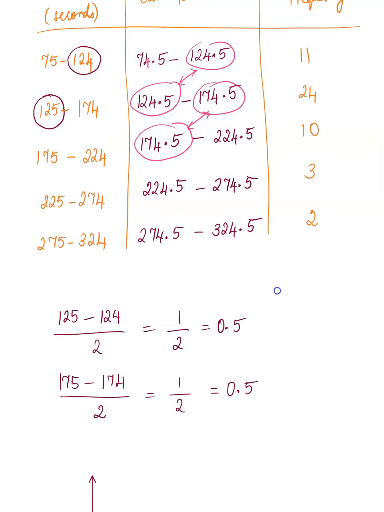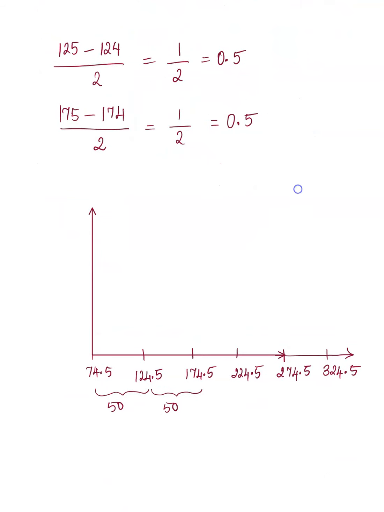So what I did was go from the first lower limit all the way to the last lower limit, jumping by 50s. So I did 74.5, 124.5, 174.5, 224.5, 274.5, and then ended with 324.5.